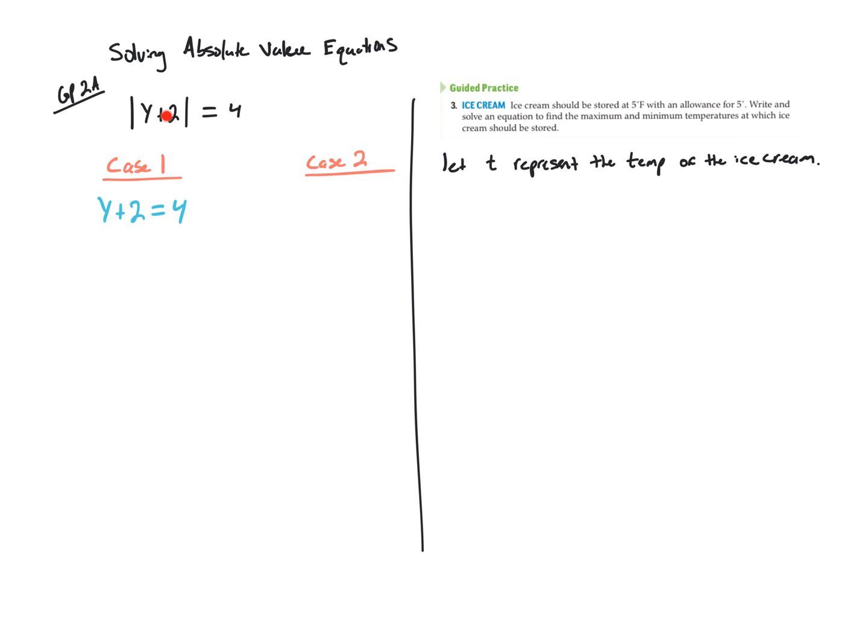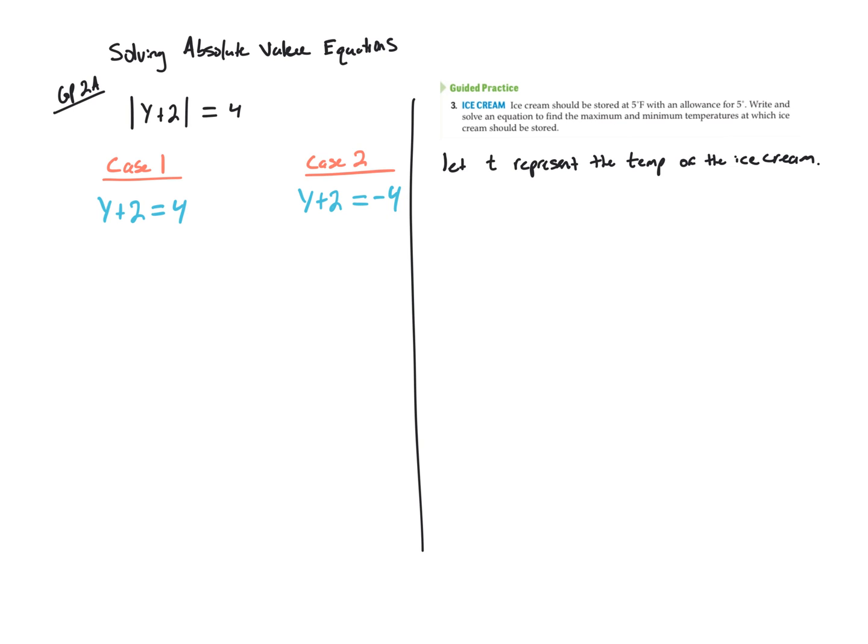If this number in here was a -4, it would still come out to be +4 because we're taking the absolute value of it. So my other option here is to say y plus 2 is equal to -4. So we kind of took what's inside and said it's equal to the positive version of this. What's inside is equal to the negative version of this over here.